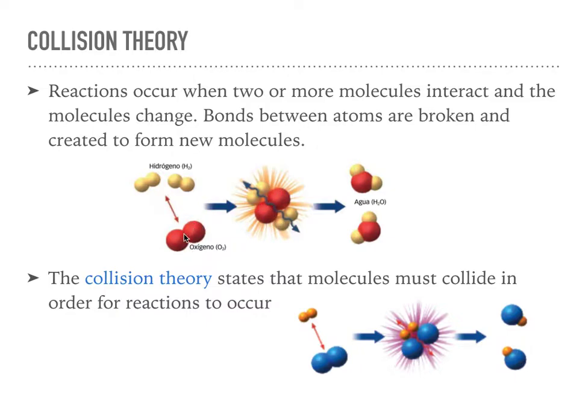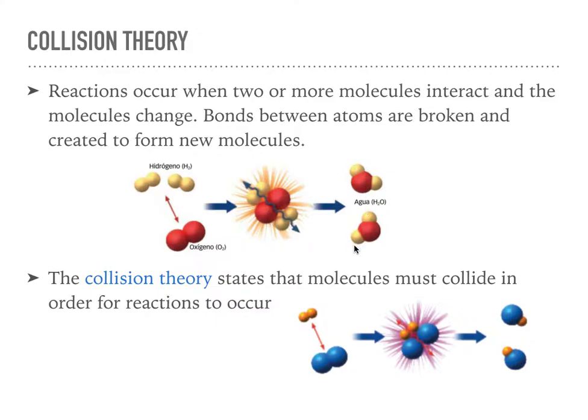It's going to break these molecules in the middle, and they are going to form new bonds. Again, this hydrogen molecule is going to break, but they're going to stick together as this hydrogen-oxygen molecule, and that is water.